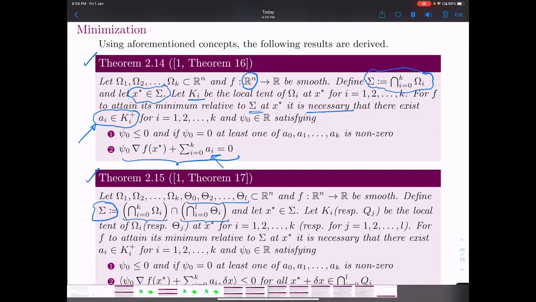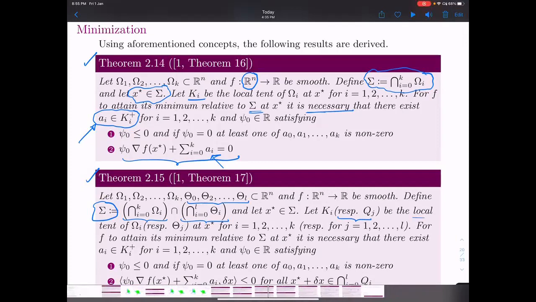And now for the thetas, I think there's a condition that they are not separable. Yes, the thetas are not separable, theta 1, theta naught through theta L, and the cones corresponding to the thetas are the Q, or the tents corresponding to them, the local tent.